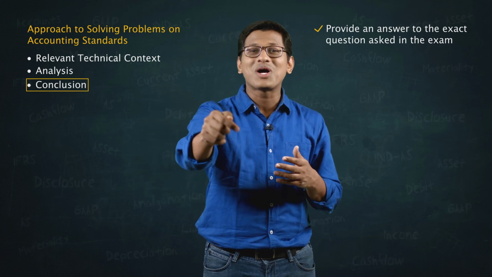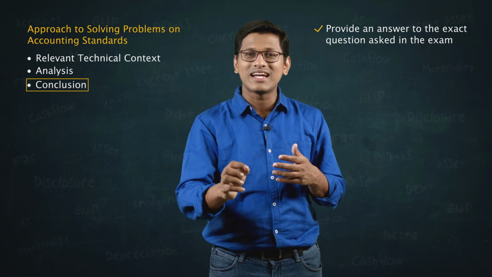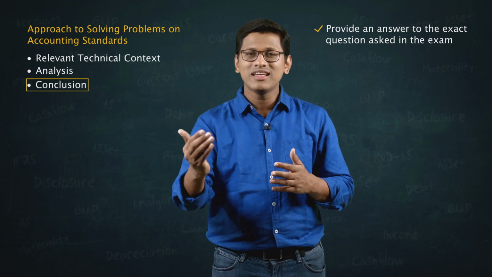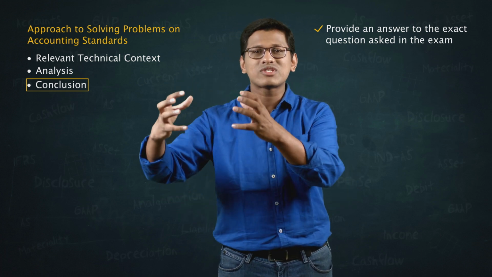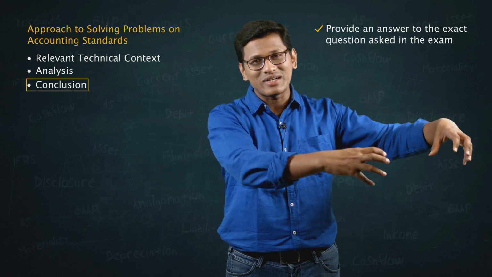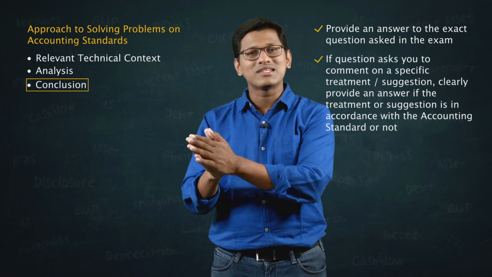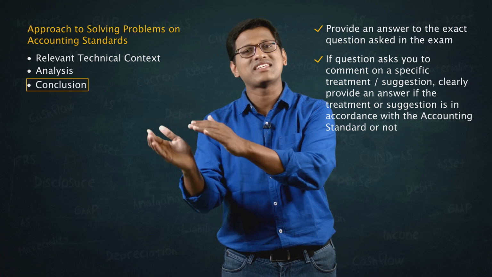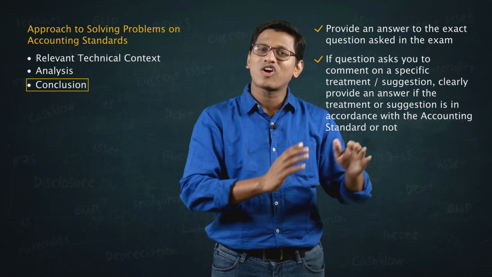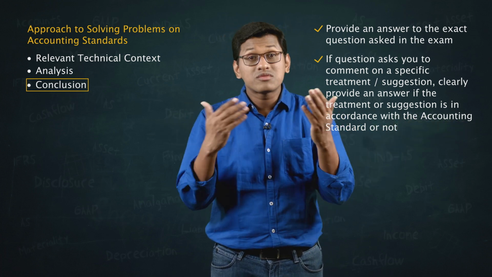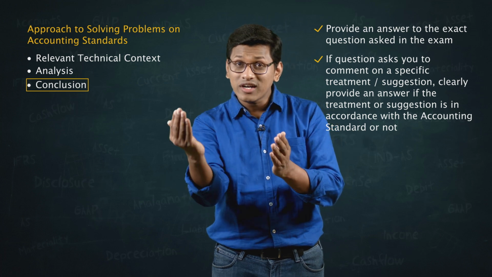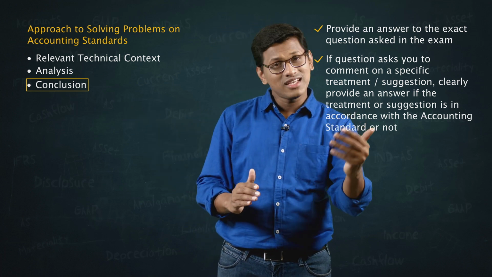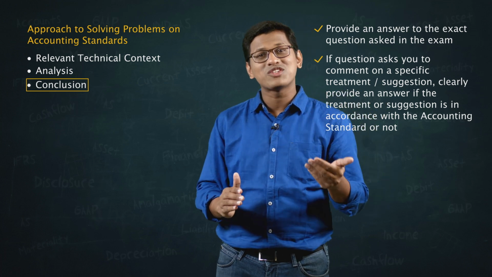Then your conclusion should say that the suggestion of the CFO, or the treatment suggested by the CFO, is as per the accounting standard, or that it is not in accordance with the accounting standard. Sometimes it will so happen that if this is what is done, it is in accordance with the accounting standard. If this is not done, then the suggestion of the CFO is not in accordance with the accounting standard.